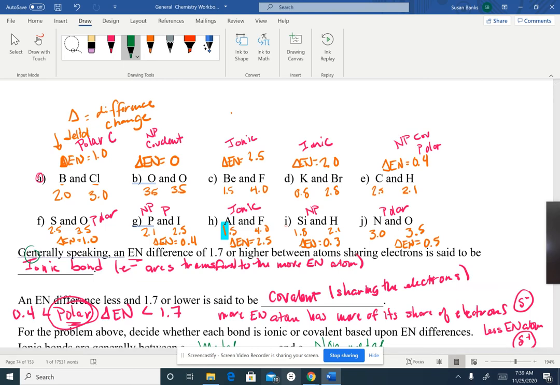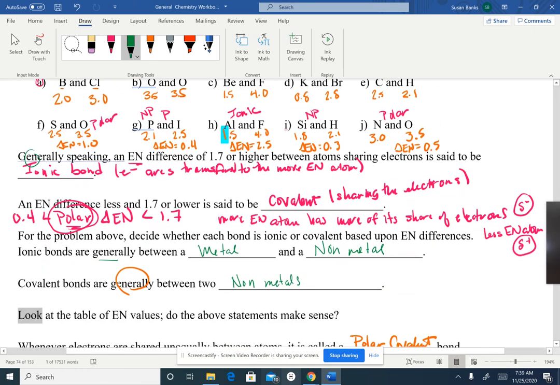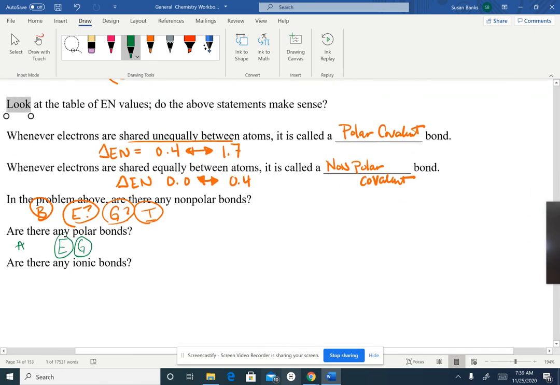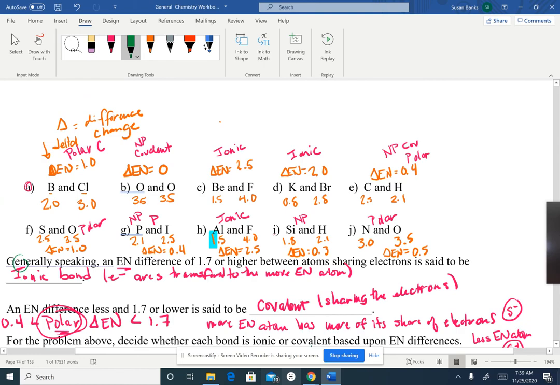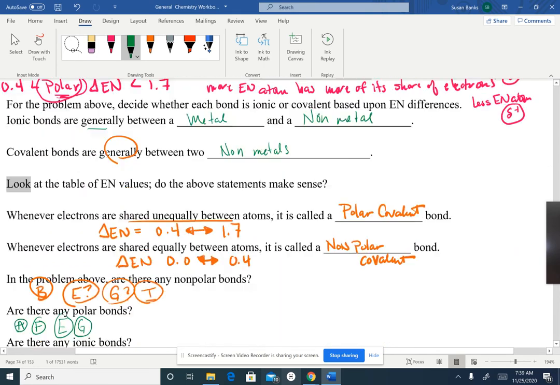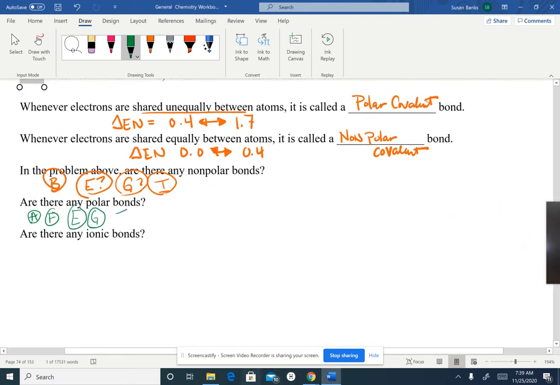F is polar, so we're going to put F there. A, F, E, and G. Let's see. And J. J's polar. Now remember, these two are right on the border, so they can be either way.